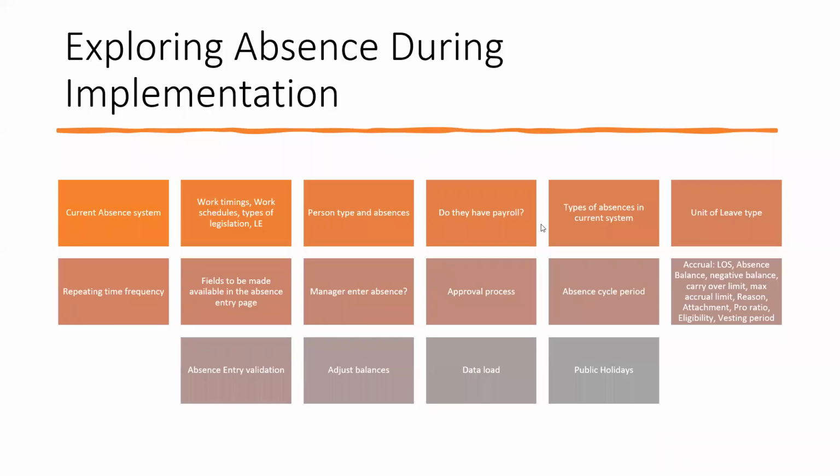The next most important thing that we have to check with our client is what are all the different types of absence that they have configured in the current system. They'll have to provide the list of these plans along with their details so that the same can be configured.